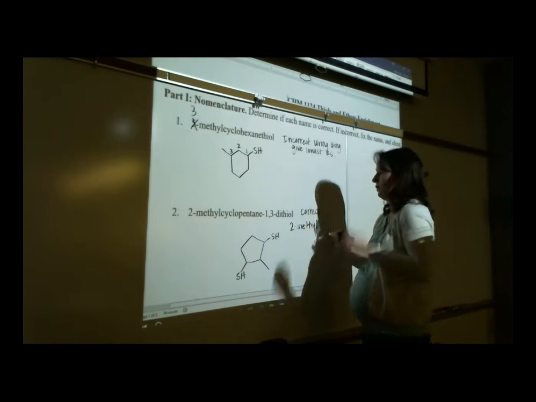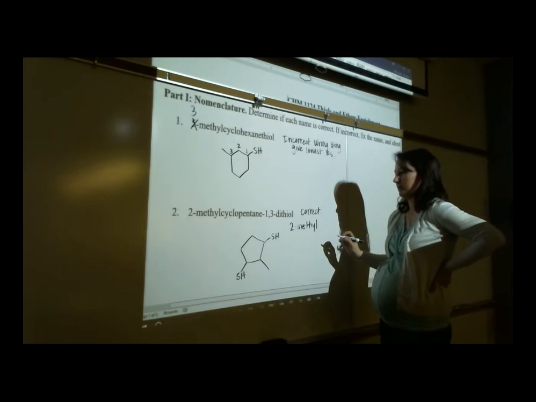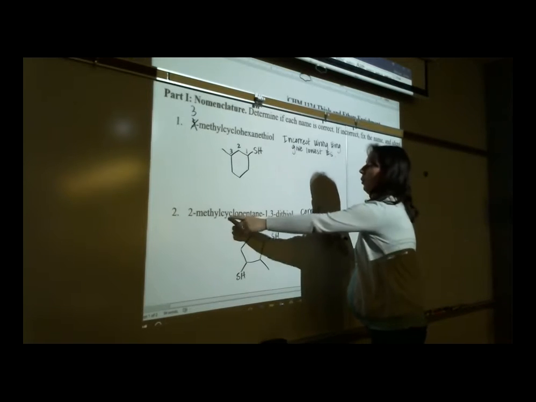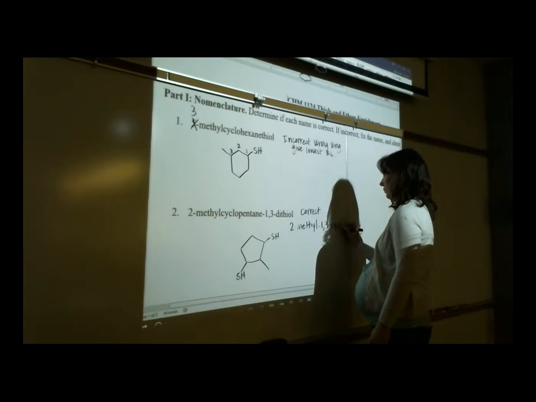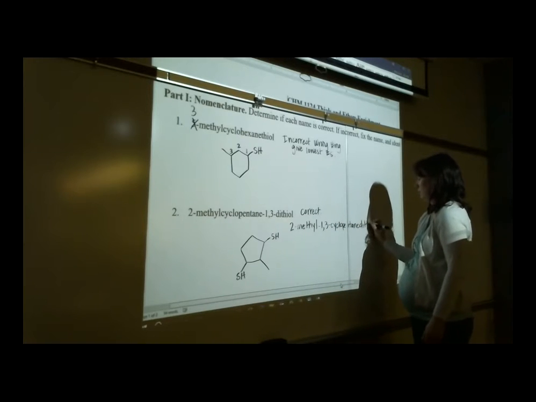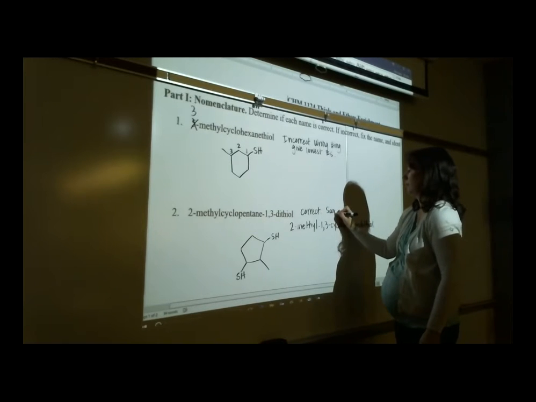If you're looking at this name in your book, this is the same thing as 2-methyl. How would your book do this? Cyclo 1, 3 or methyl 1, 3 cyclo. It would be 2-methyl 1, 3. Right, this is the same thing.